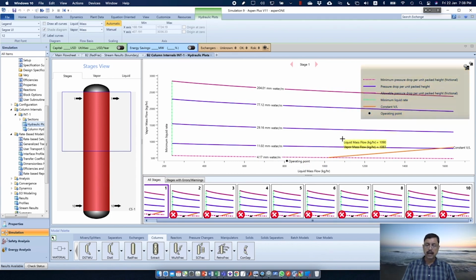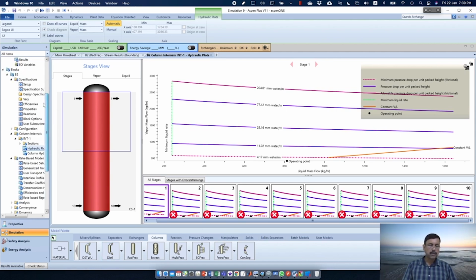That means no section of the column has this minimum pressure drop per unit packed height. So to increase the pressure drop per unit packed height, we can change something in the geometry.